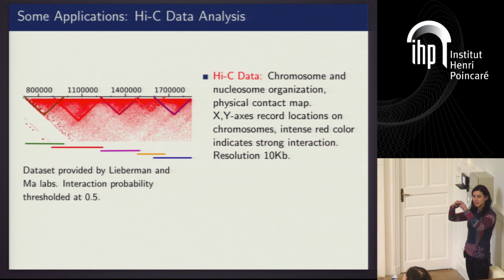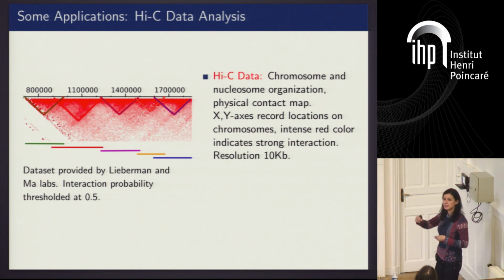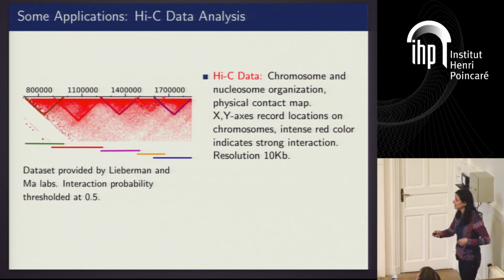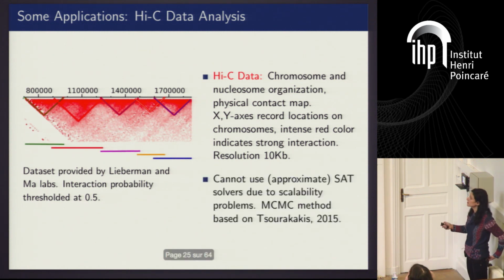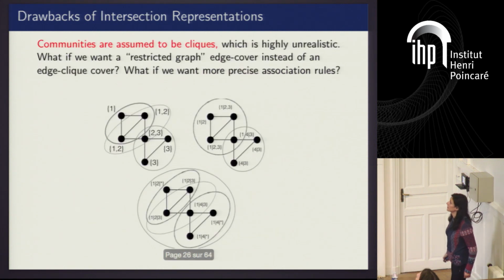If you think of DNA as a strand which can coil up in such a way that parts of the string that are physically very remote can come close to each other, and you can take snapshots of which parts of the string communicated with another part, you can basically get a picture of which are the physically interacting communities in the DNA string. And it's really easy to get interesting results based on these intersection representations using these data sets, which is something I can take offline.